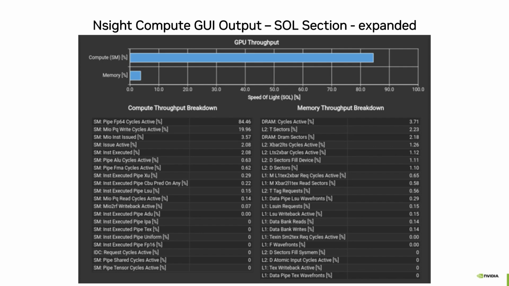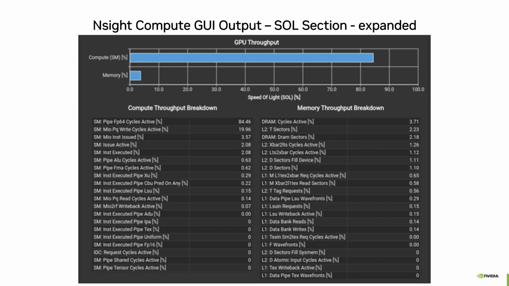Taking a look at the column on the left, called Compute Throughput Breakdown, we see that the word pipe appears frequently. The characterization of the compute throughput is now broken out by individual pipes. You can think of a pipe as a functional unit inside a GPU or GPU SM that processes certain types of instructions or operations.